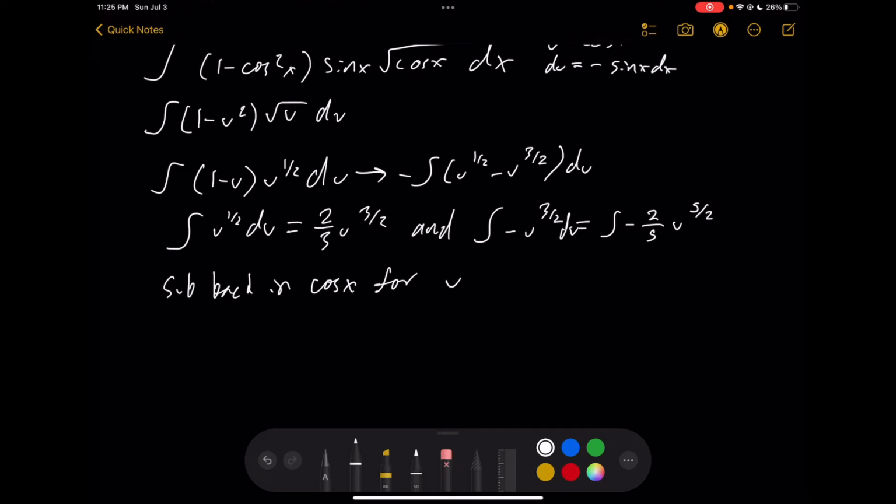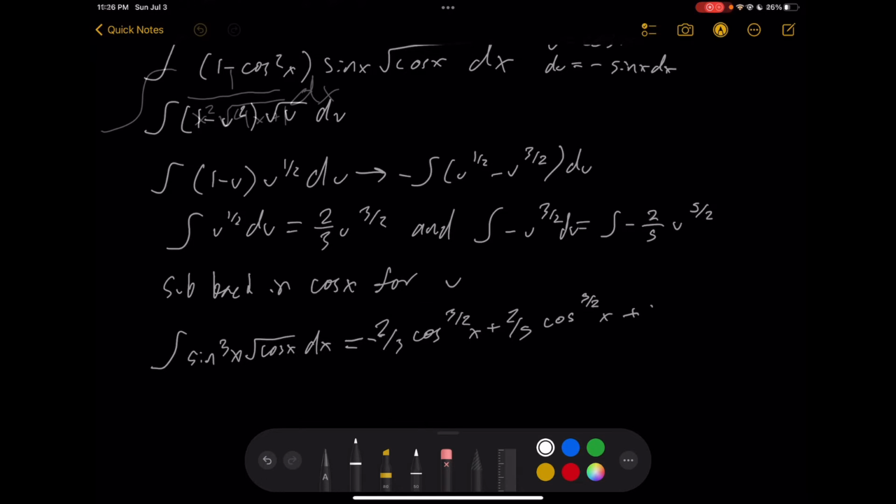So now we can sub back in cosine x for u. So now we have the integral of sine cubed x times square root cosine x dx is equal to negative 2/3 cosine to the 3/2 x plus 2/7 cosine x to the 7/2 plus the constant c.